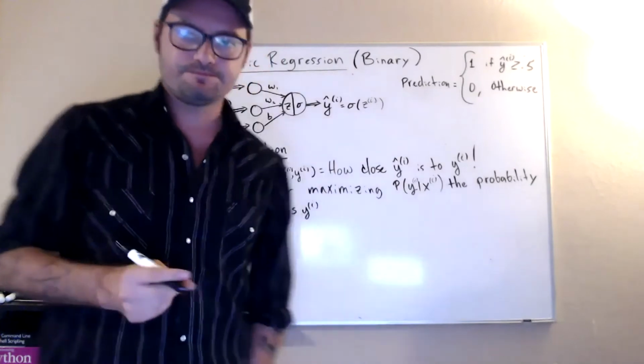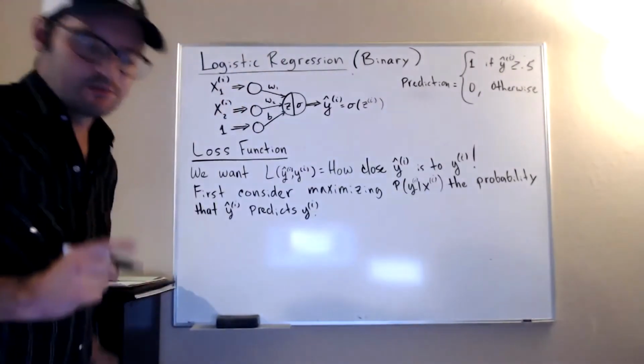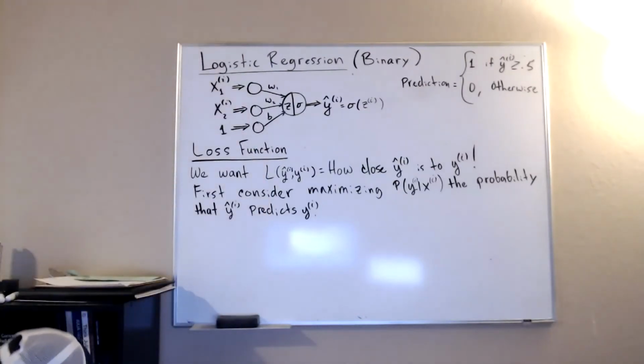Something like that. So in this probability space, there are only two discrete outputs.